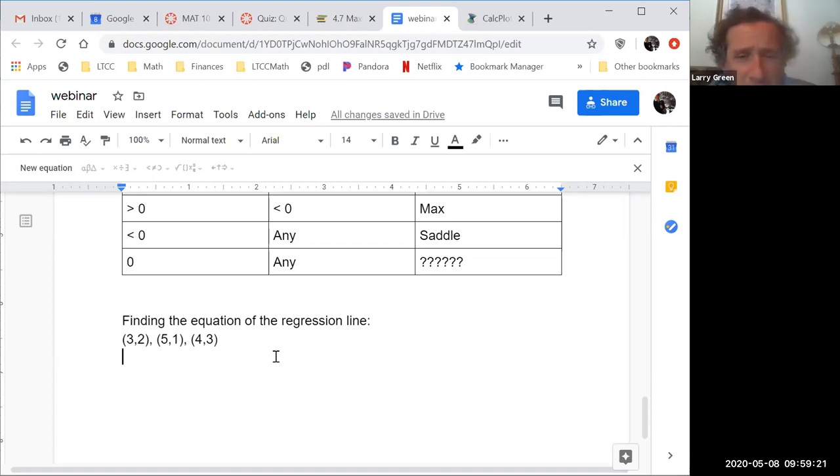So what that means is that we have 3 points in the plane, and you want to find the line that fits them best. Any questions on that?